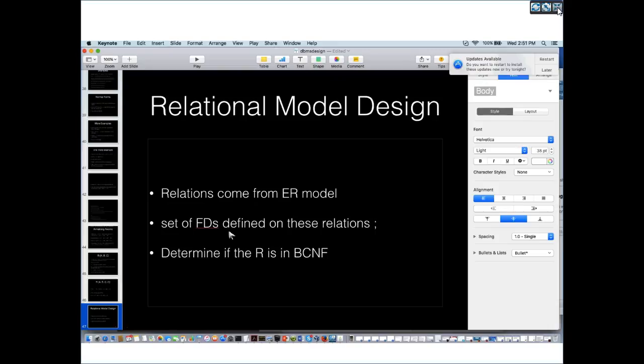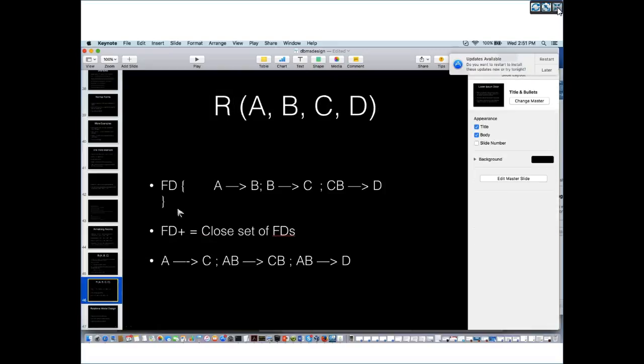There could be a lot of FDs that can be derived, but the initial set of FDs, that is the full set, can be derived through an equivalent set. If you have a closure, F closure that we have defined, FD plus, the initial FD is called the canonical FD, because this FD is obtained by this initial set of FDs, and this is complete.